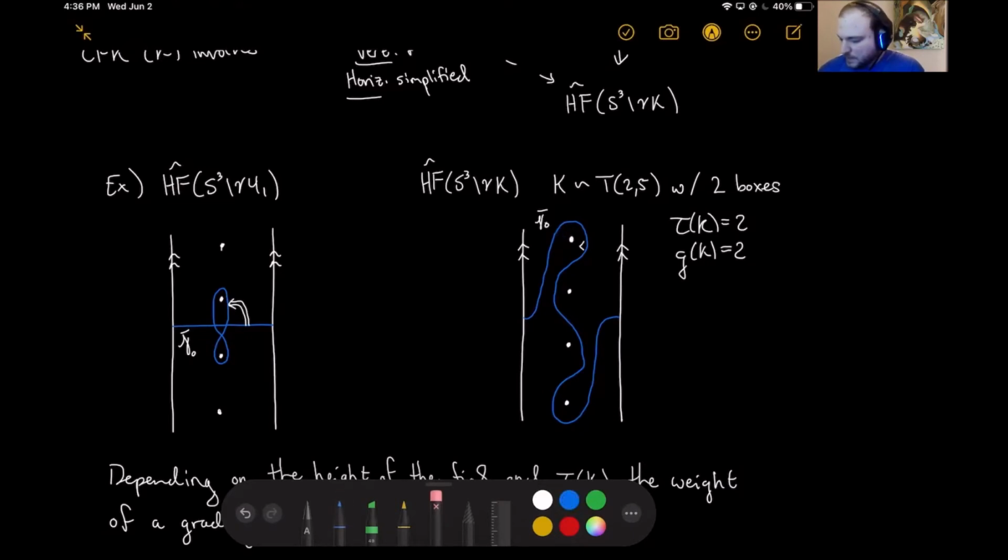Okay. And then it also has two boxes occupied at heights 1 and -1. So here the figure 8 down at the bottom sits between the minus first and minus second base point.